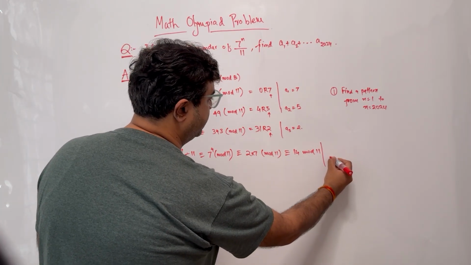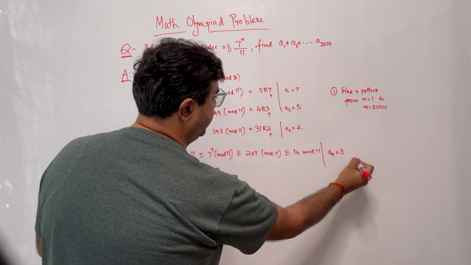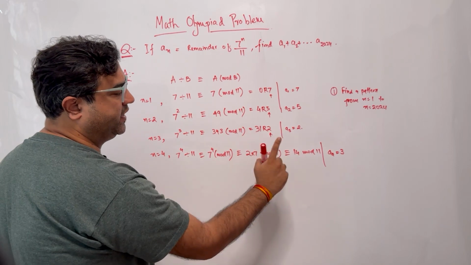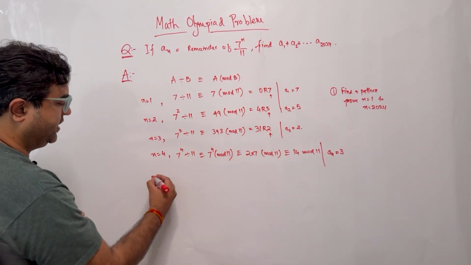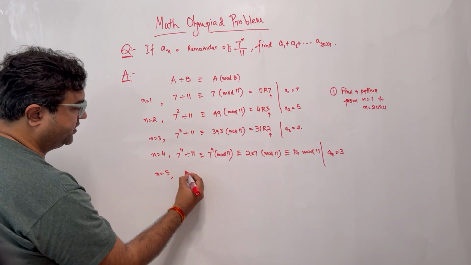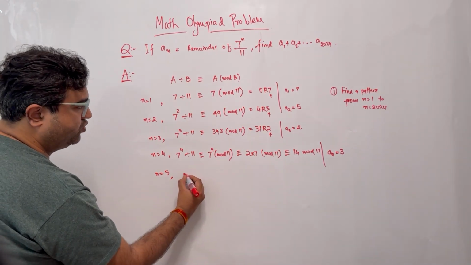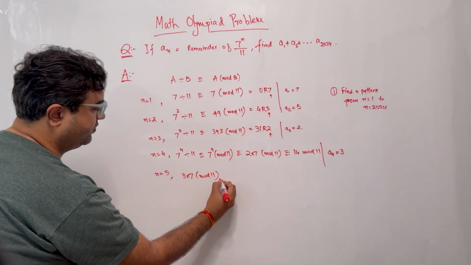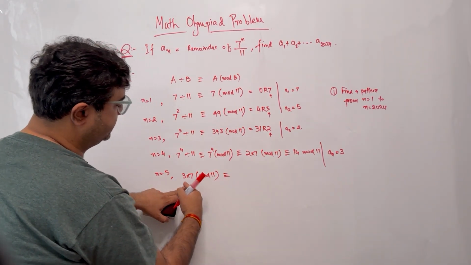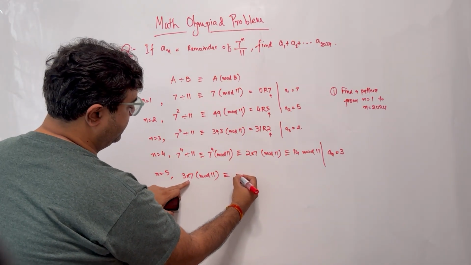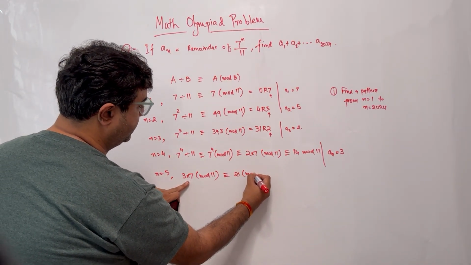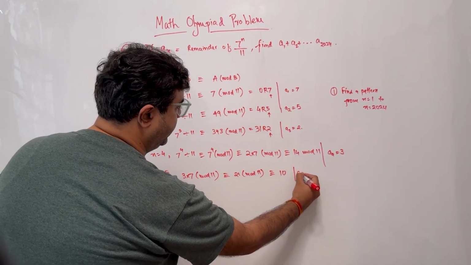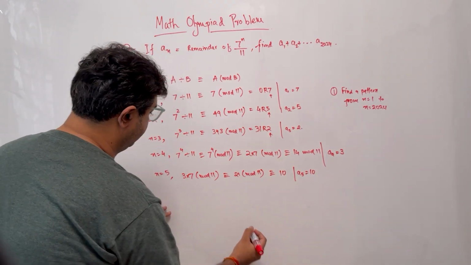That means our A4 is going to be 3, because 11 will divide 14 one time and then 3 will be the remainder. For n is equal to 5, similarly, we can do 3 multiplied by 7 mod 11. That will give us 21, 21 mod 11, so that will be 10. So A5 is equal to 10.